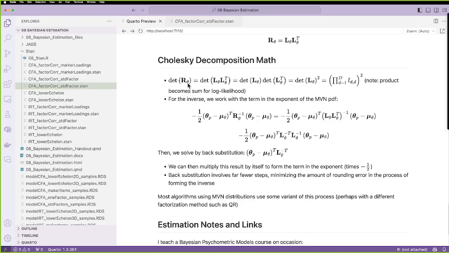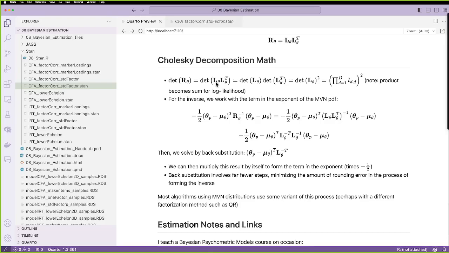very difficult process. However, it turns out if you are using a triangular matrix, a lower triangular matrix, remember what a lower triangle is? It's a matrix that has data in the triangle and below it, and then the upper part is a bunch of zeros.